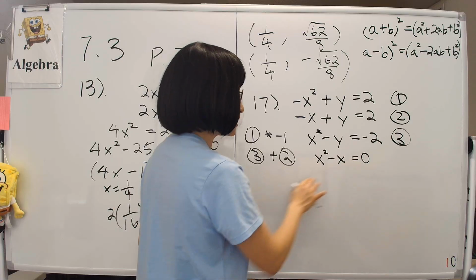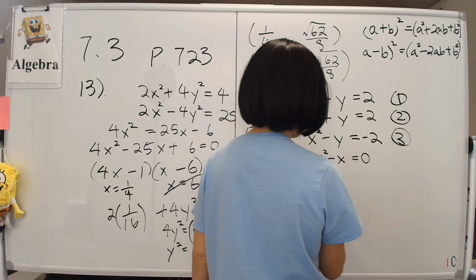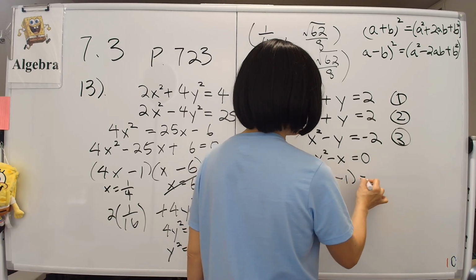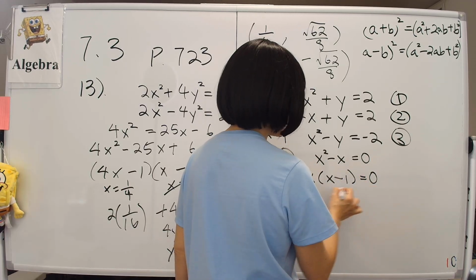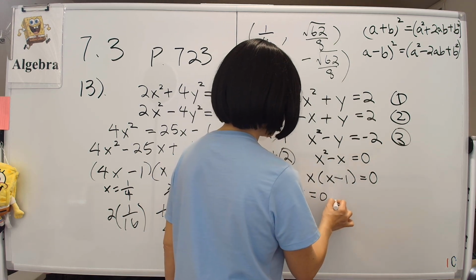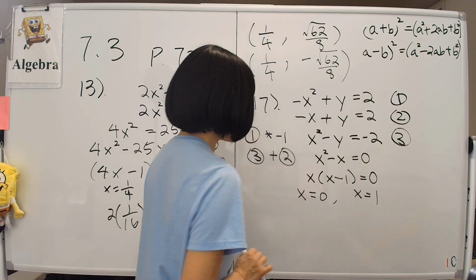That makes a very easy equation to solve, right? That means x times (x minus 1) equals 0. And that gives us x equals 0, or x equals 1.